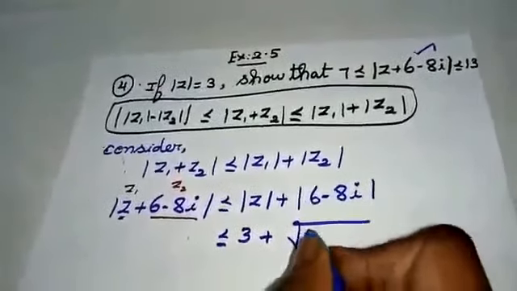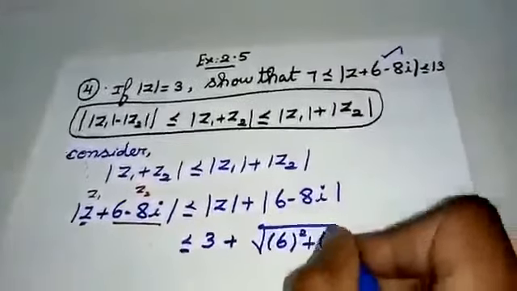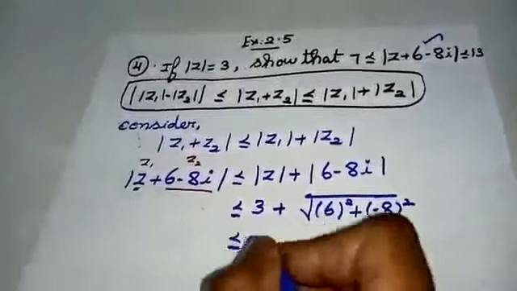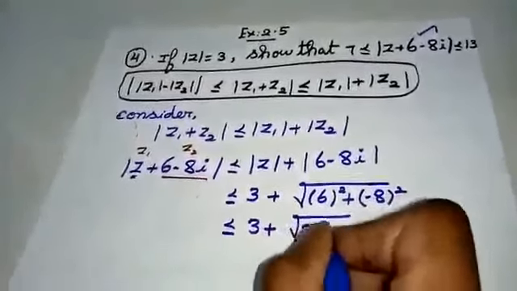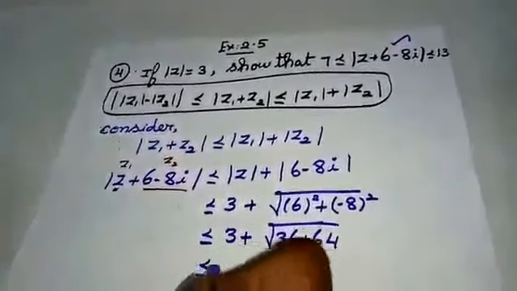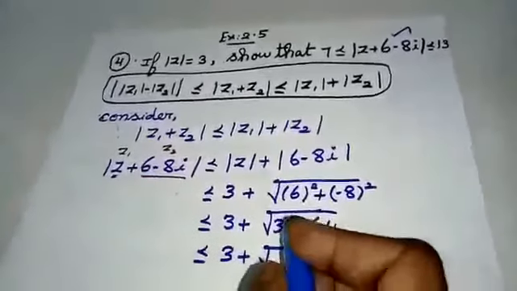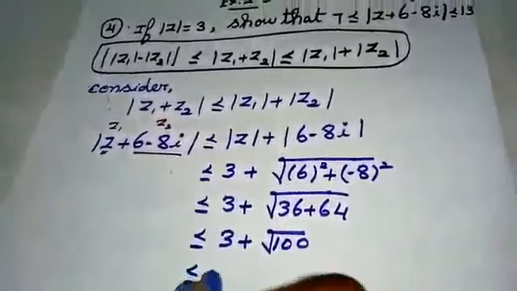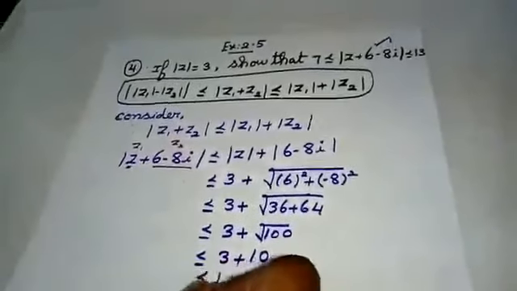That is real part the whole square plus imaginary part is minus 8, that is minus 8 the whole square. And what is the answer I am going to get here, students? 3 plus root of 36 plus 8 8s are 64, which is nothing but less than or equal to 3 plus root of 100, which is nothing but less than or equal to 3 plus 10, which is nothing but less than or equal to 13.